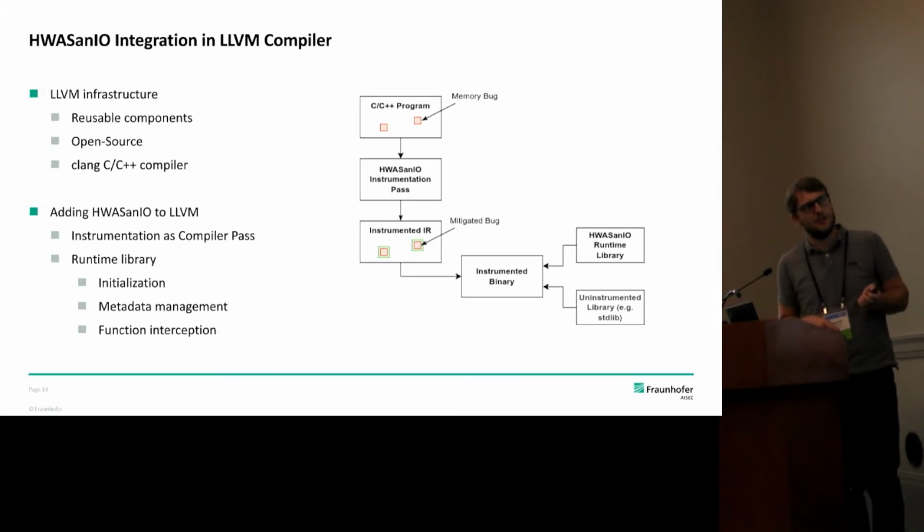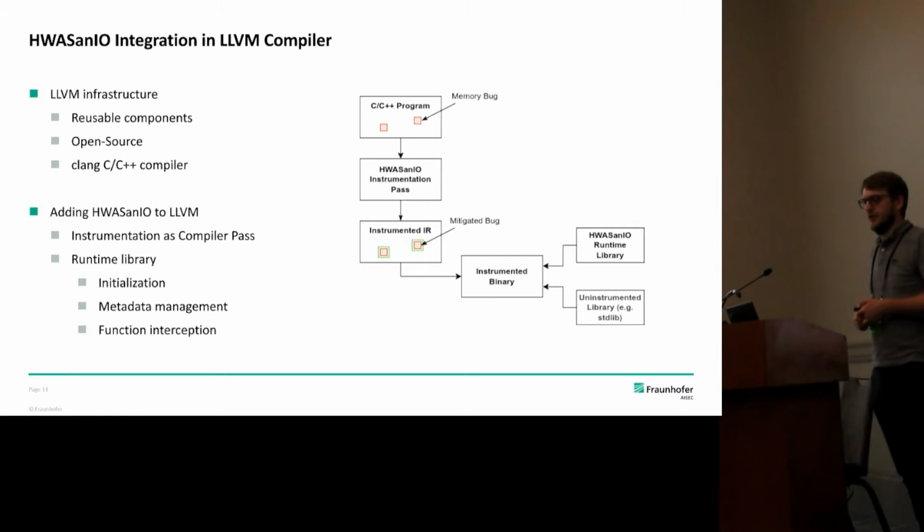We do our instrumentation, and after that the bugs become mitigated. As part of the framework, we have a new compiler runtime, which does the initialization of all the shading metadata, and also initialization and function interception.